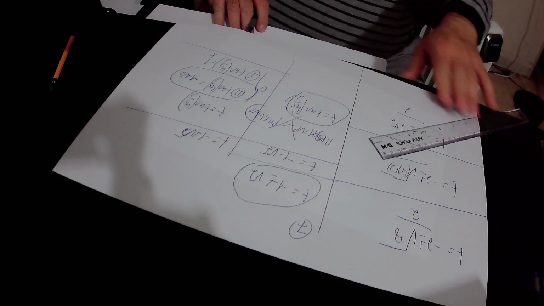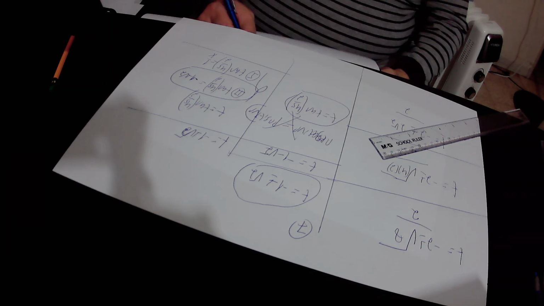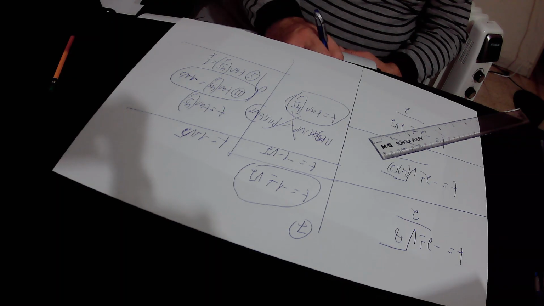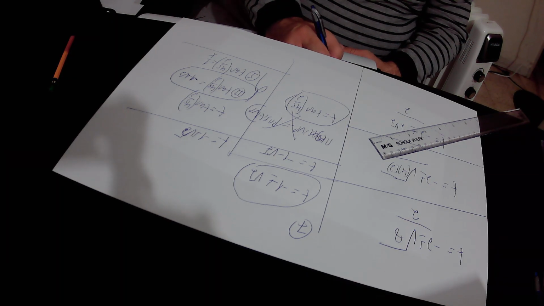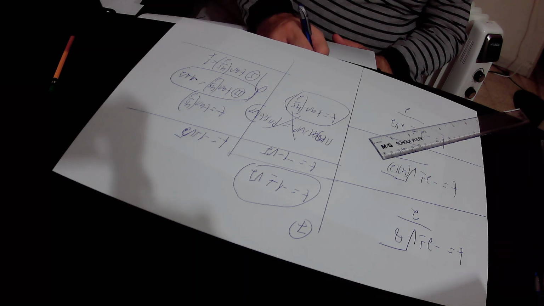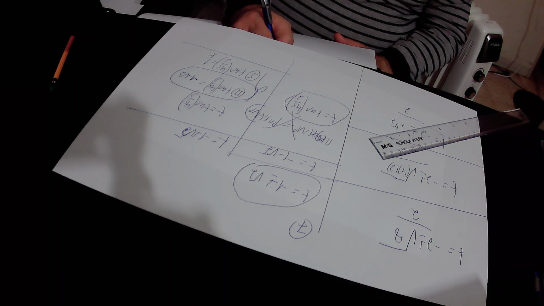Therefore, we get equation number 3 that states that tangent 45 over 2 degrees according to equation number 1 must be equal to tangent 45 over 2 degrees according to equation number 2.